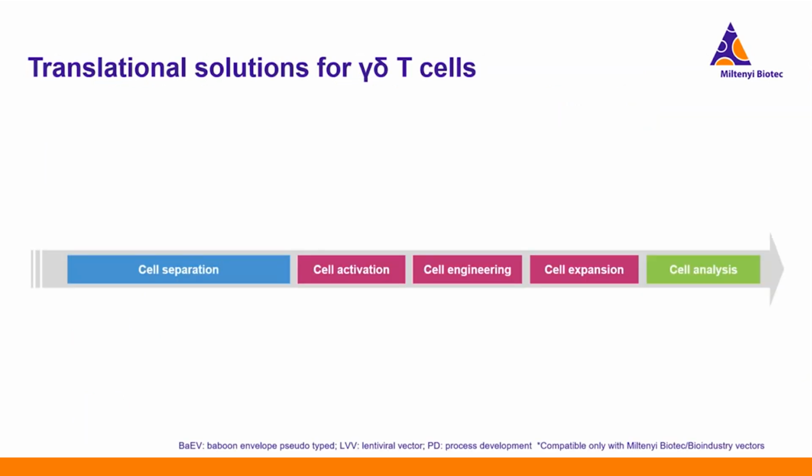From Miltenyi Biotec's side, we are committed to enable a smooth translation from the preclinical phase into the clinical one. Here we see several steps that can be applied in the manufacturing of a gamma delta T cell therapy.